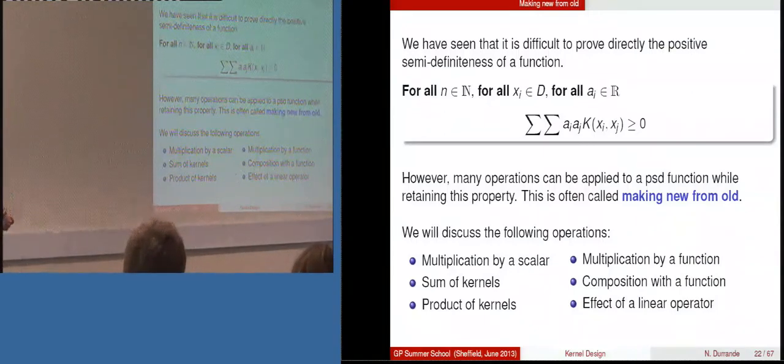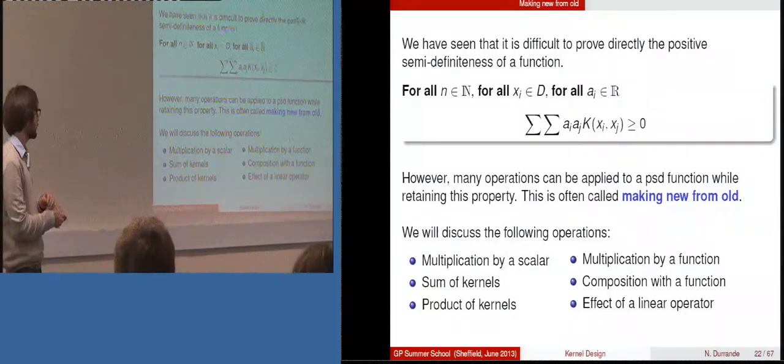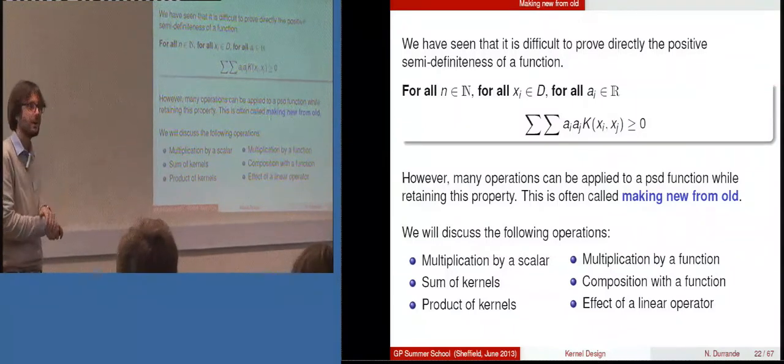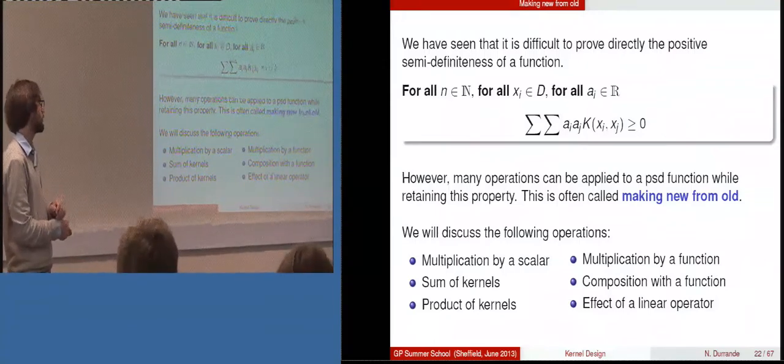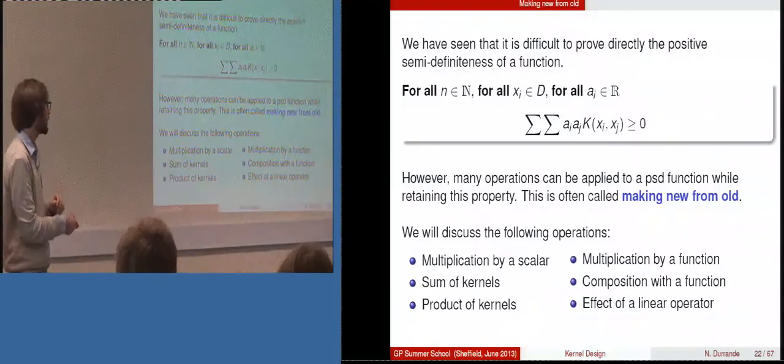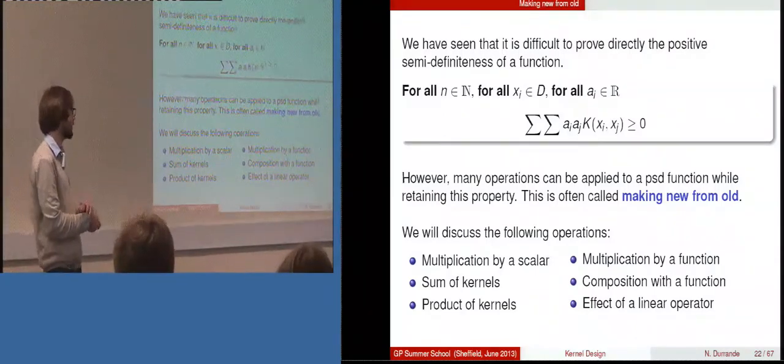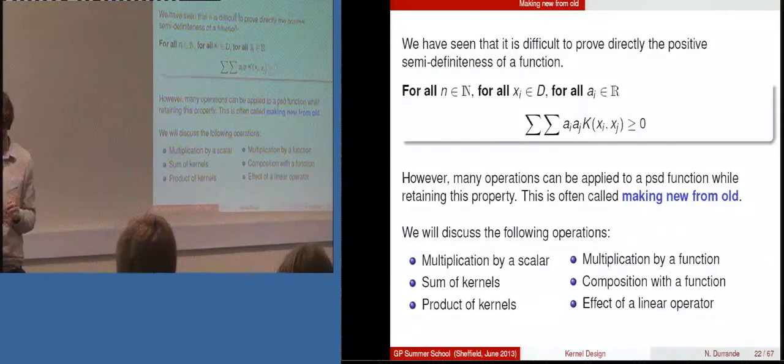I will talk about the following operations. The first one is multiplication by a scalar. The second one is the sum of kernels, and the product of kernels. You've seen that a bit during the lab, so I bet you will have many questions about these. Then the multiplication by a function, the composition with a function, and I will end up talking about one point that I think is of great interest, which is the effect of a linear operator.